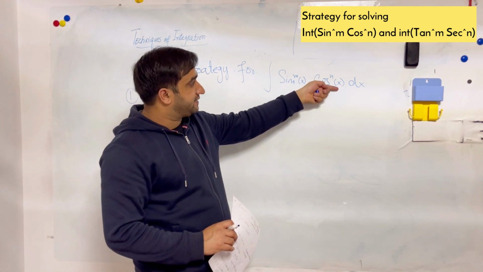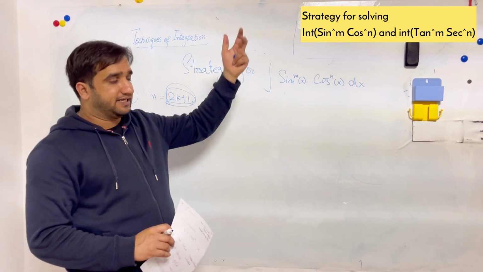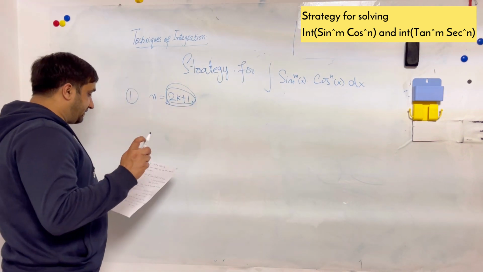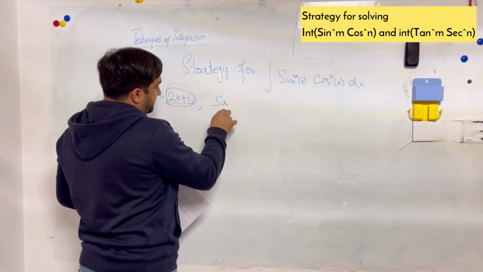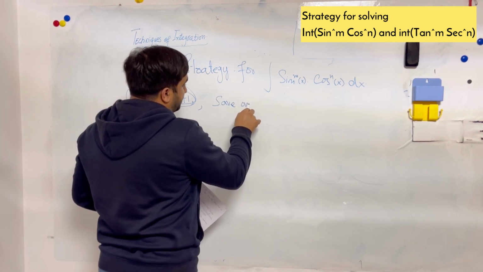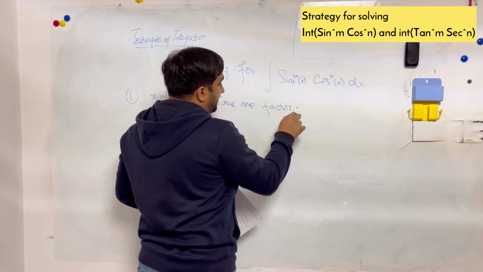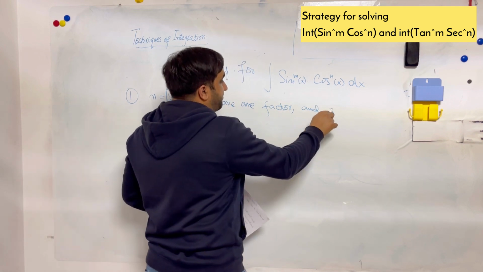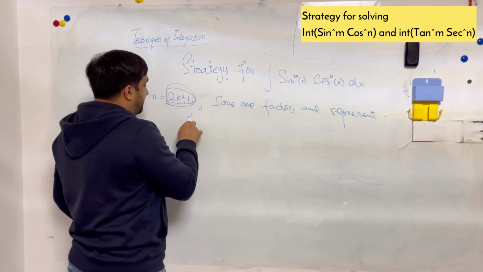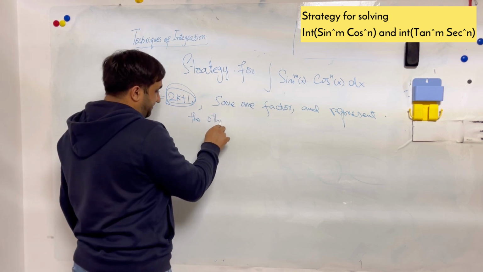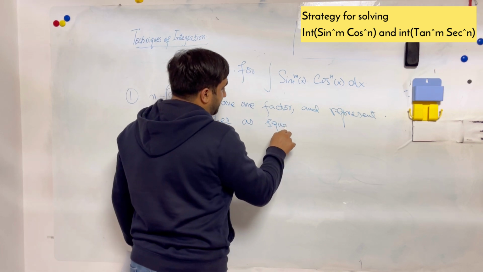If the power of cos is an odd number, 3, 5, 7, 9, any odd number, then make two factors of the cos function, save one factor, and represent the other remaining power as a square of cos.